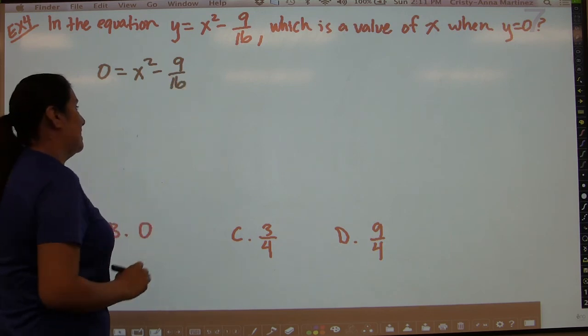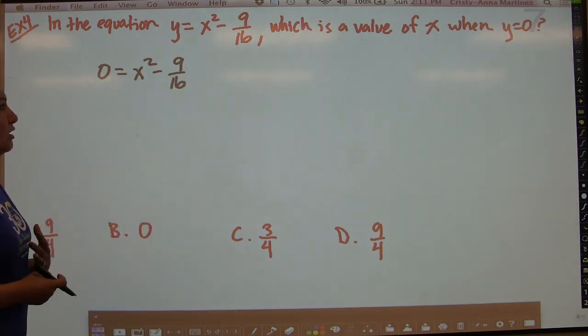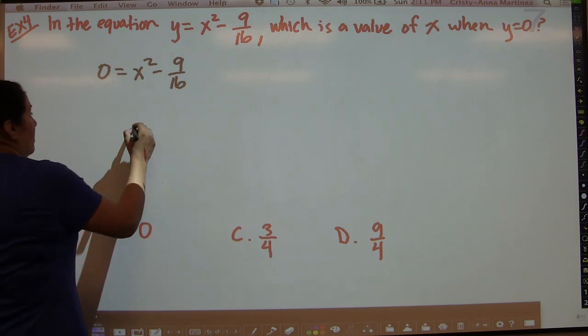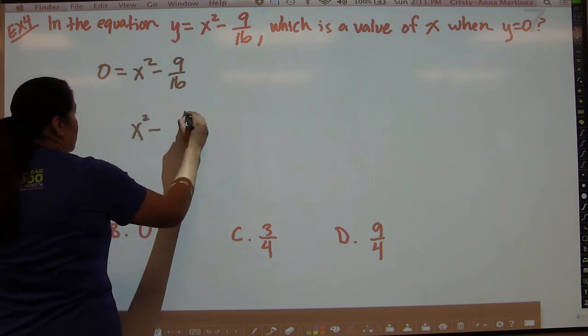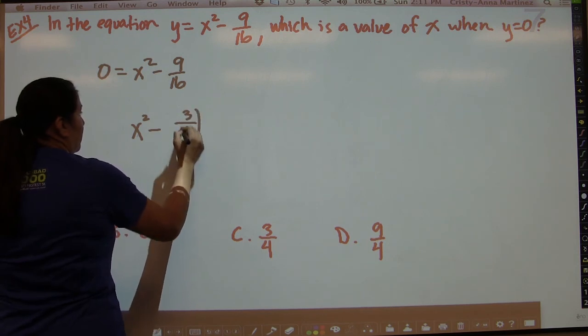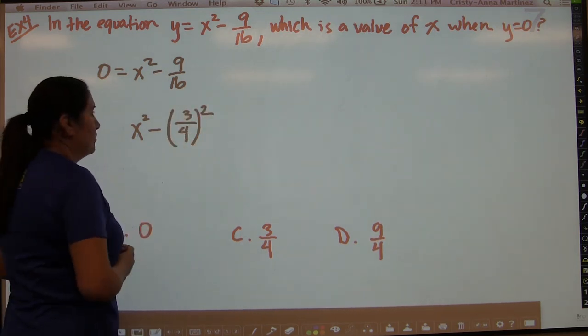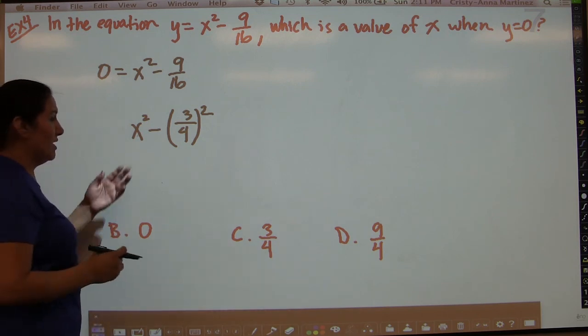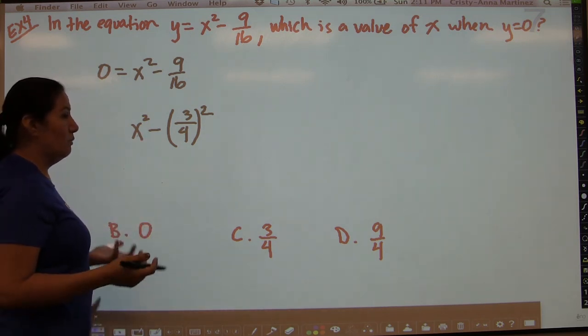It's no surprise that even though it's a fraction, we know that 9 is a perfect square and 16 is a perfect square. So we could actually rewrite this as x squared minus 3/4 squared, because 3 squared is 9 and 4 squared is 16. And when we do that, we can say this could be a squared minus b squared with the fraction in it.